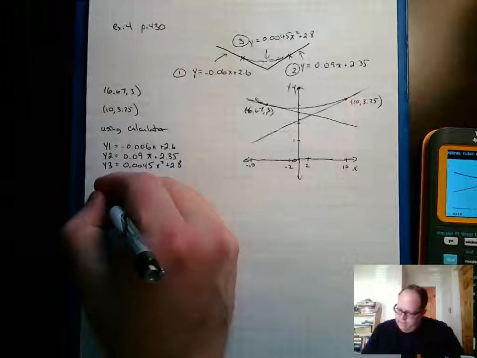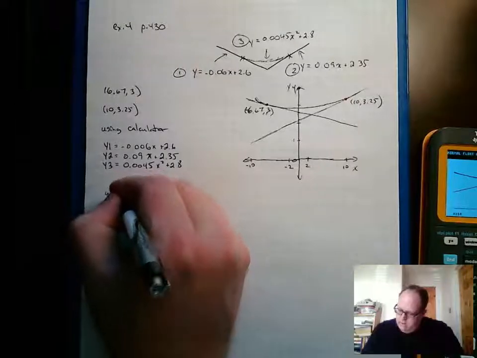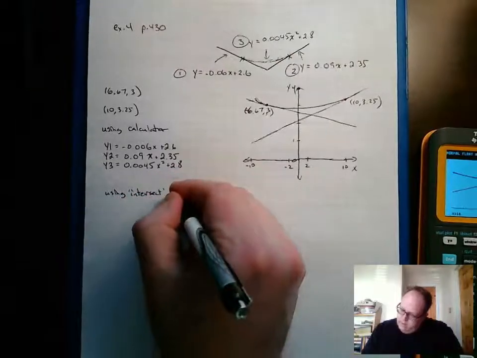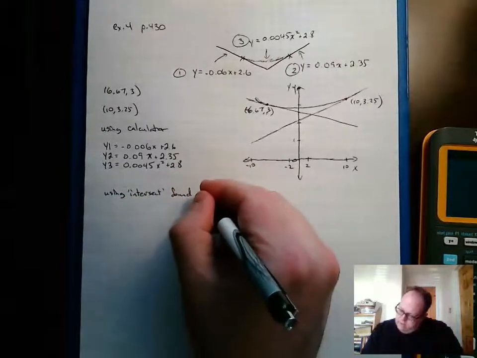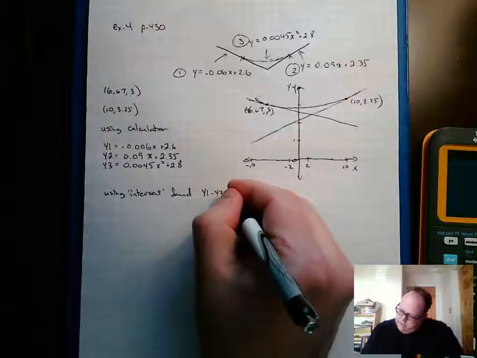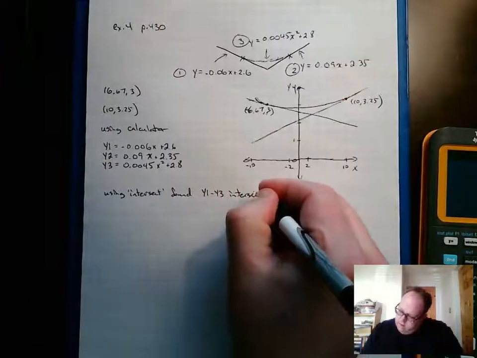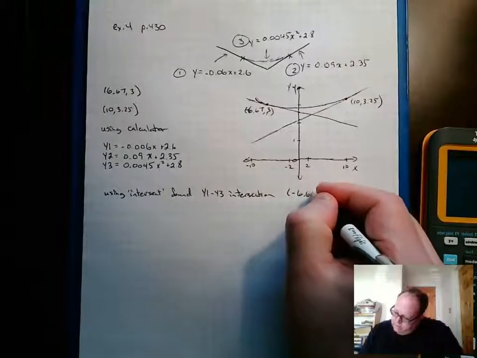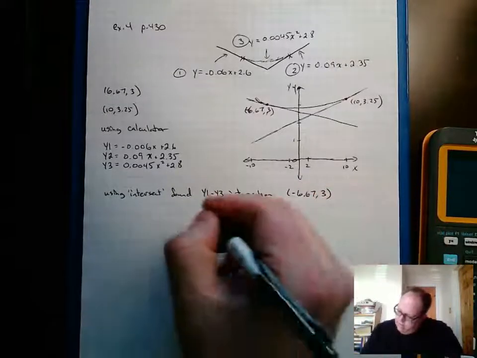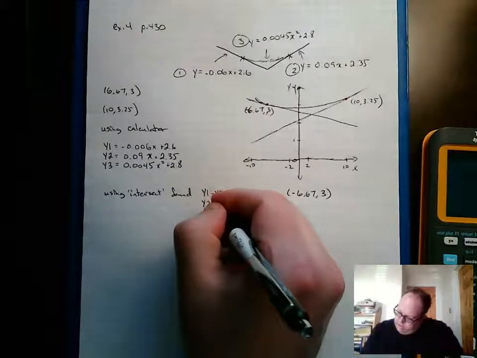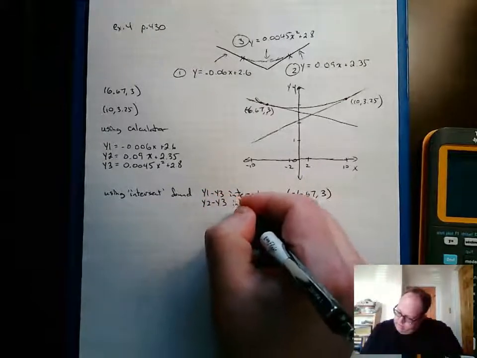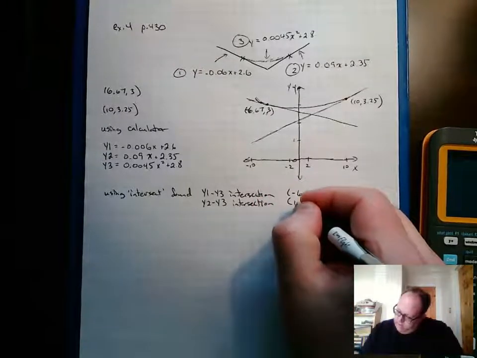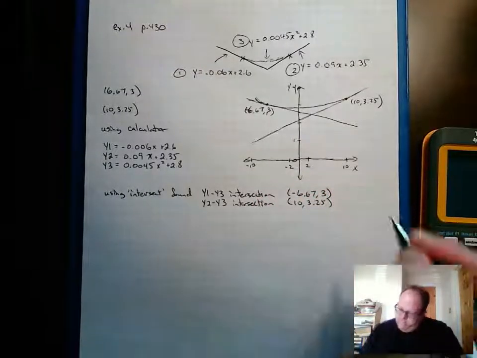Then I can say, using intersect, found the y1, y3 intersection at -6 2/3 and 3, and the y2, y3 intersection at 10 and 3.25.